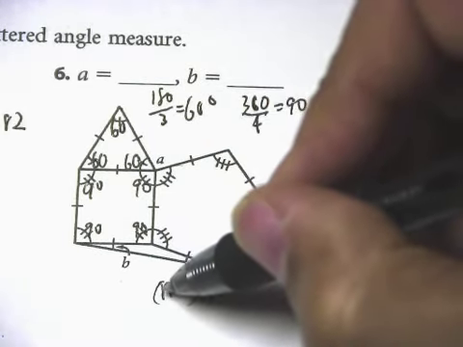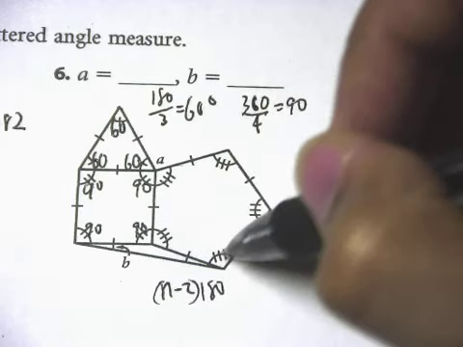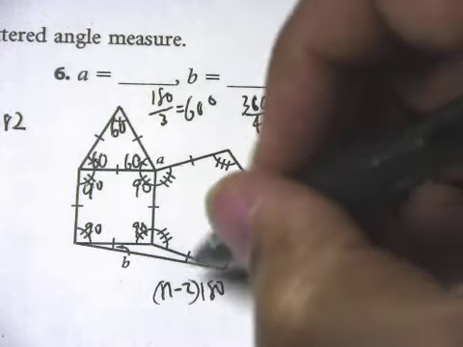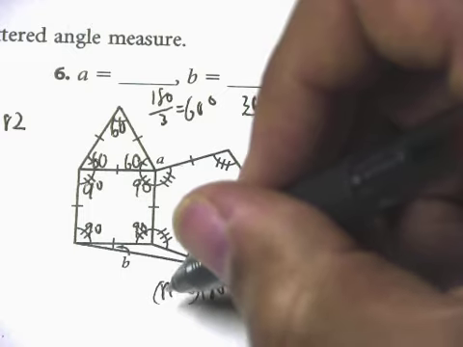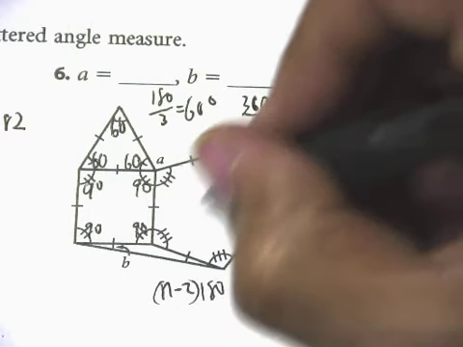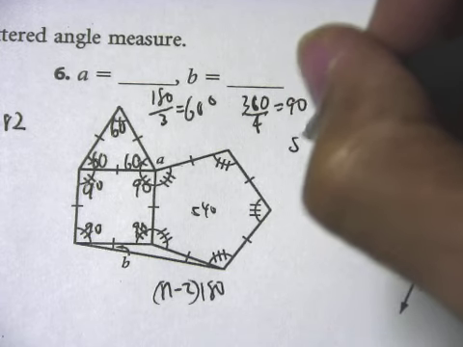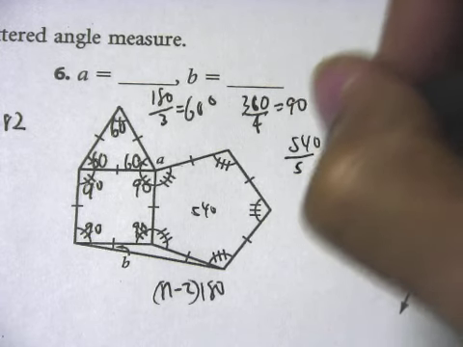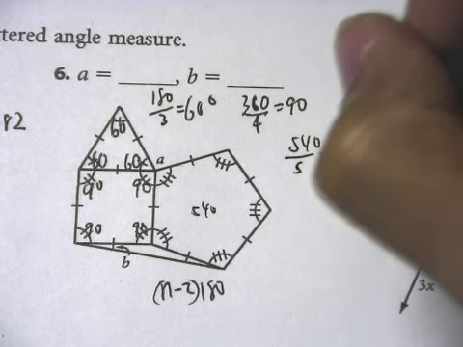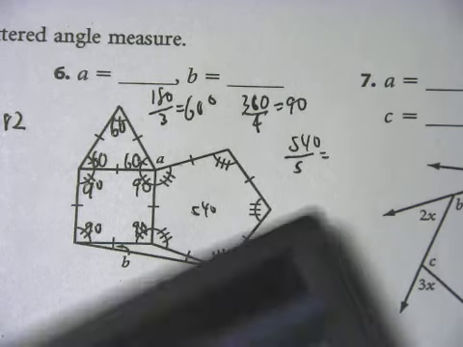And I have a pentagon here. If you forgot how to figure out the degrees inside a pentagon, just use n minus 2 times 180, where n represents the number of sides, 1, 2, 3, 4, and 5. So that's 5 minus 2 times 180, that's going to give me 540.